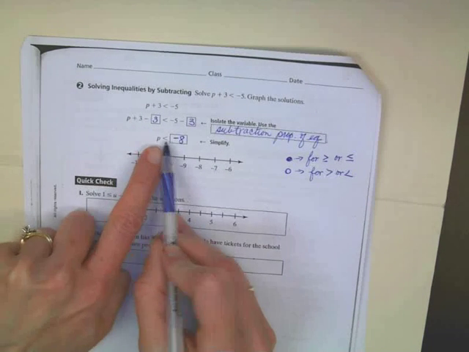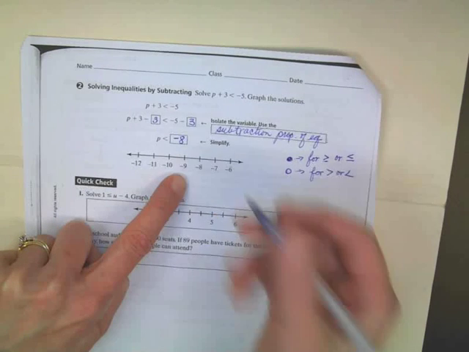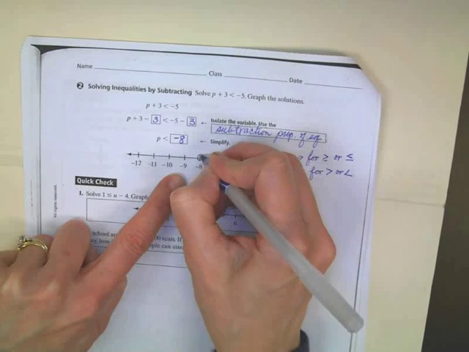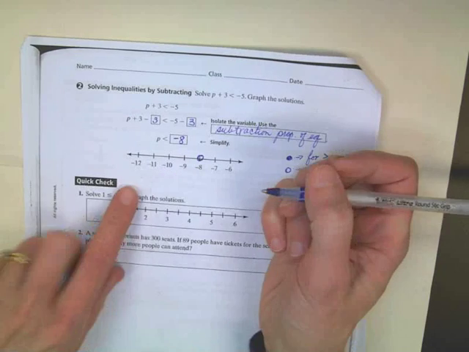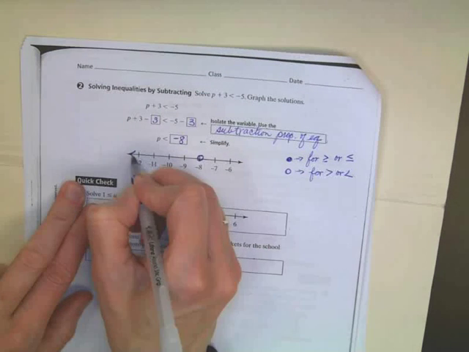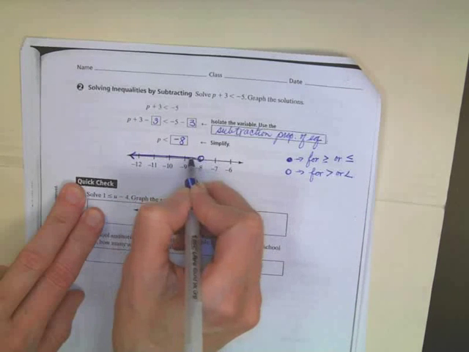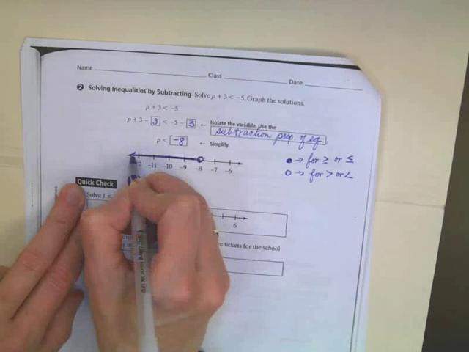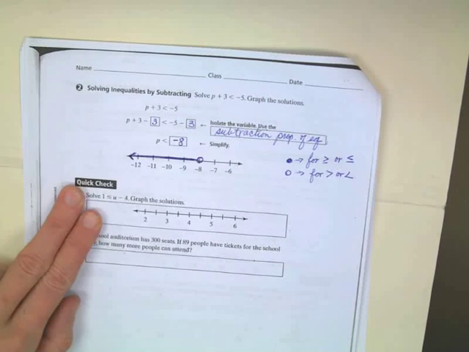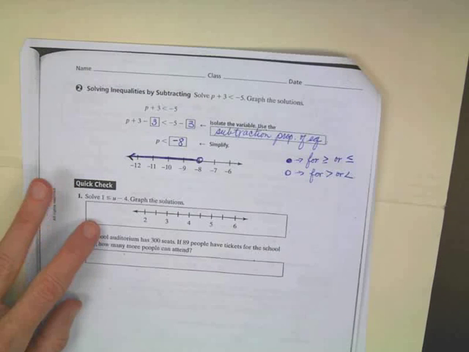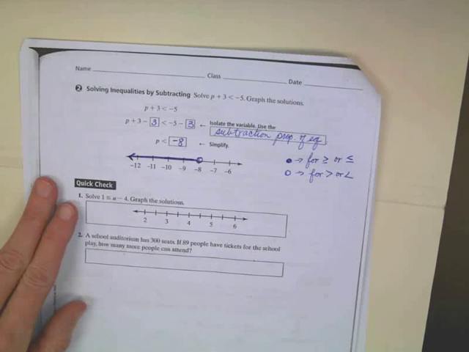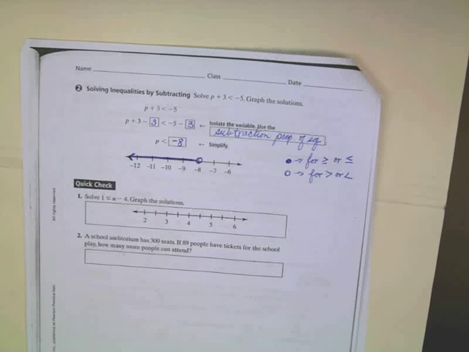This basically tells me all numbers less than negative 8 make this true. So I'm going to put an open dot at negative 8, and then I'm going to shade my number line to the left to include all the numbers that are less than negative 8. And shade in your arrow as well, because you want to show that it continues on.